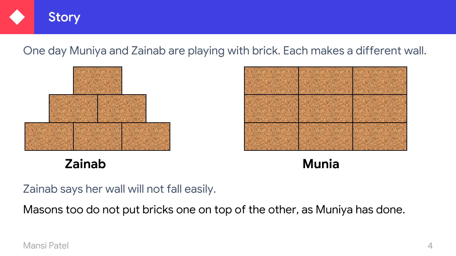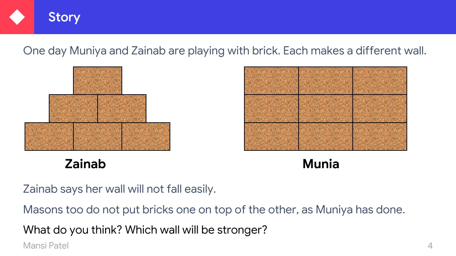Do not put the bricks on the top of each other as Munya has done. So from this statement we get the answer. We see that Zainab's wall is stronger. What do you think? Which wall will be stronger? So we can say the wall made by Zainab is stronger.